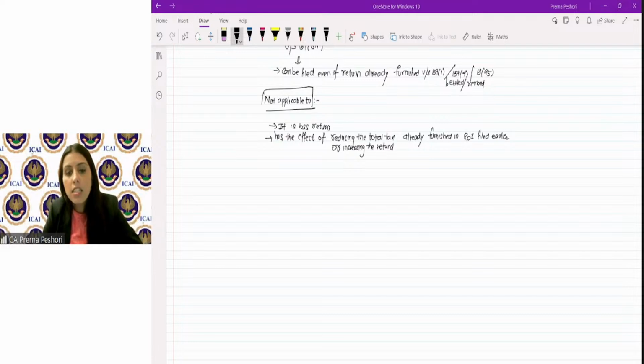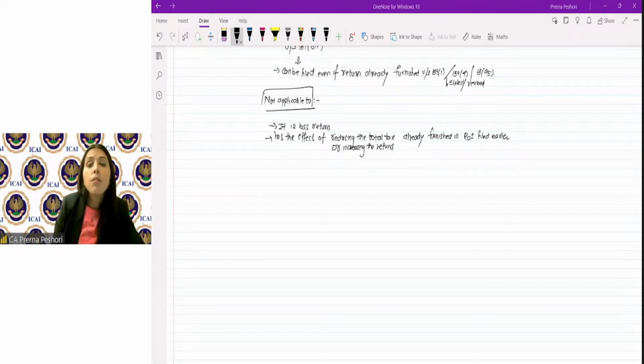So in these cases, you cannot file the updated return. Are we getting this point? So an updated return can only be filed when you do not have losses or when it does not have the effect of reducing your tax or increasing your refund.